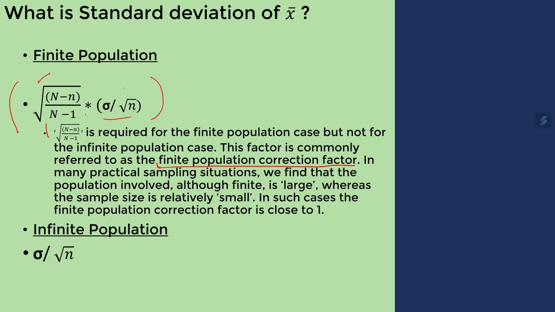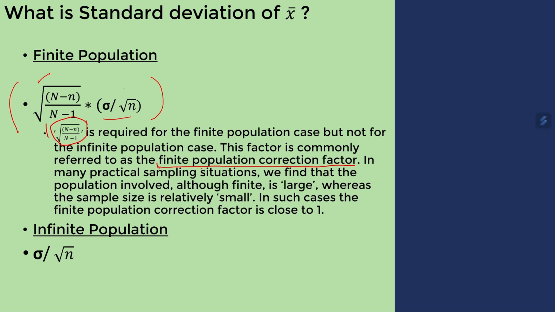This root thing is called the finite population correction factor. How we will identify that, I'll also tell in the next slide. But till now you must understand what is finite and what is infinite population.